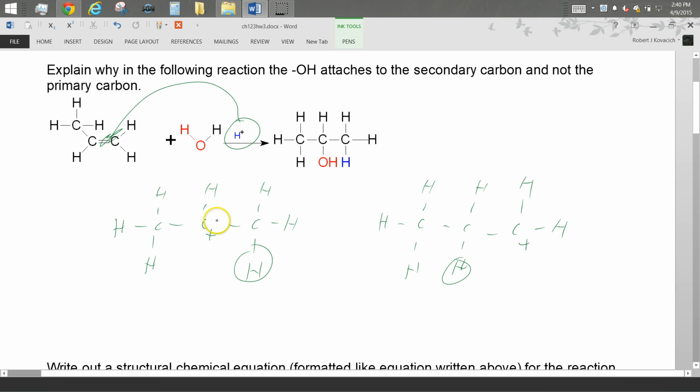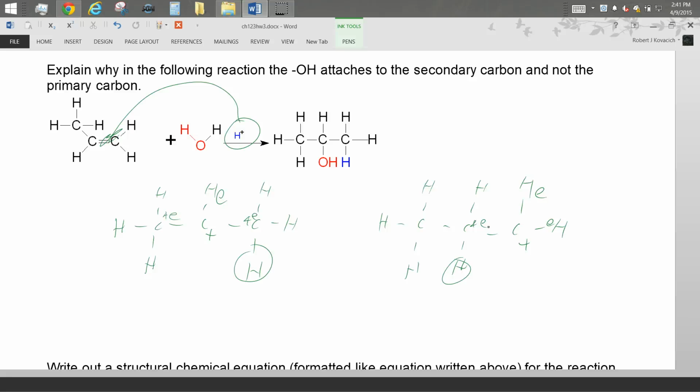So this carbon right here sees 1 electron right there, 4 electrons right there, and 4 electrons right there. 9 electrons. This carbon right here sees 1 electron there, 1 electron here, and 4 electrons here. 6 electrons. So the positive charge would rather be on which of the 2 carbons? Secondary. The secondary carbon, the one that's more substituted, for sure.